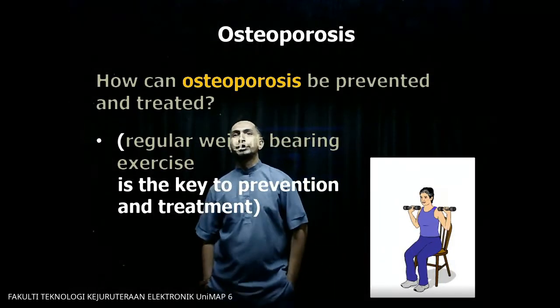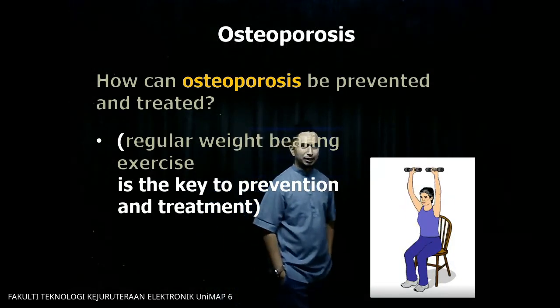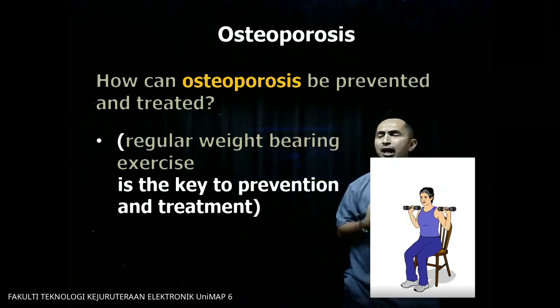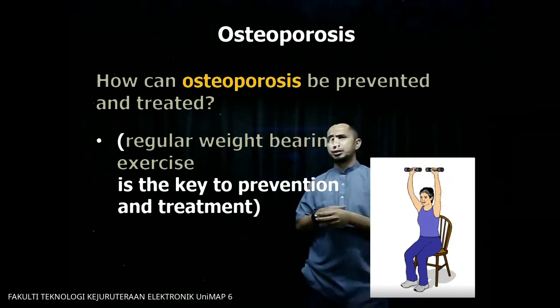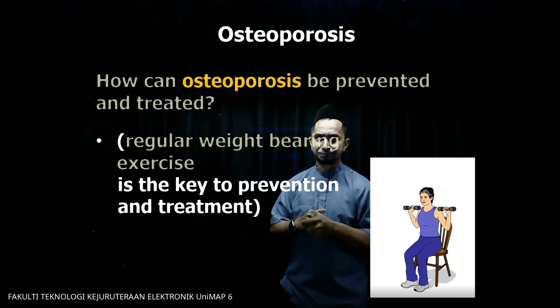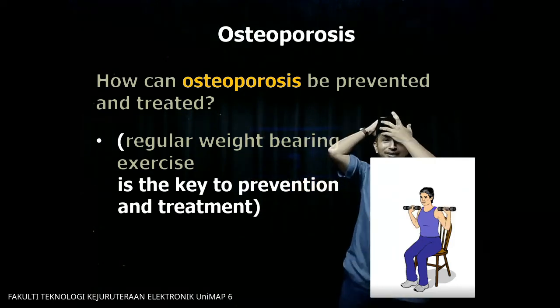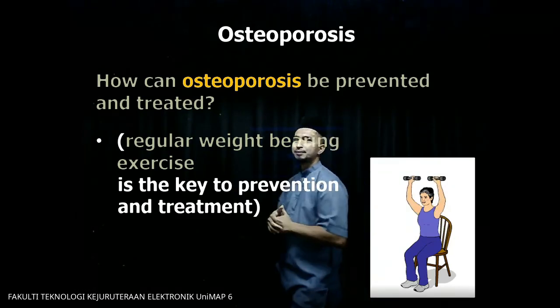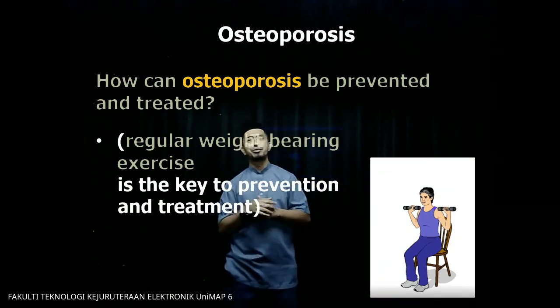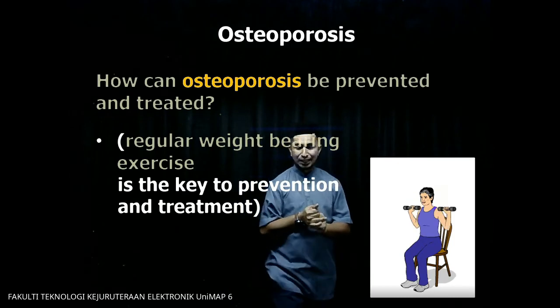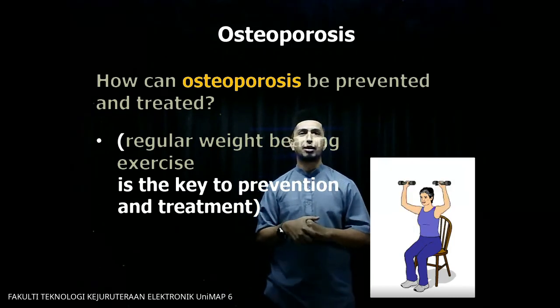Okay, how can osteoporosis be prevented and treated? Macam mana we want to prevent? How we want to prevent osteoporosis from happening? As I said to you just now, one is we do regular weight-bearing exercise, because that is the key to prevent and also to treat the patient with osteoporosis.